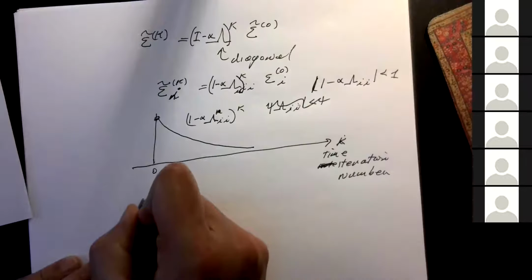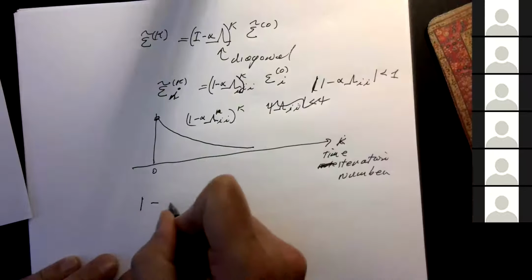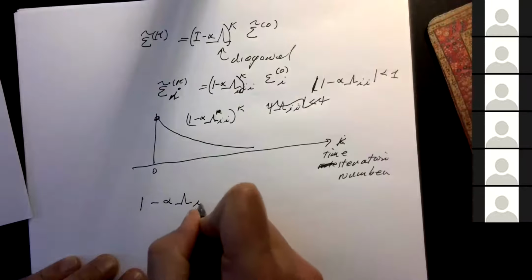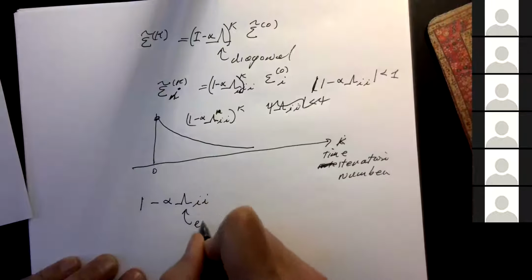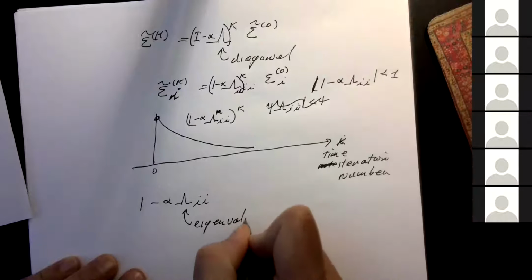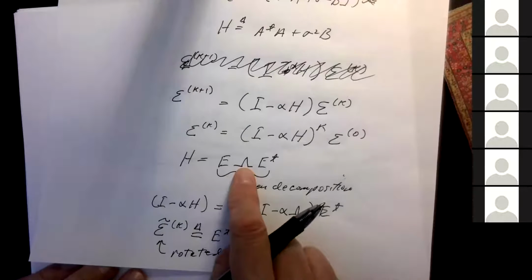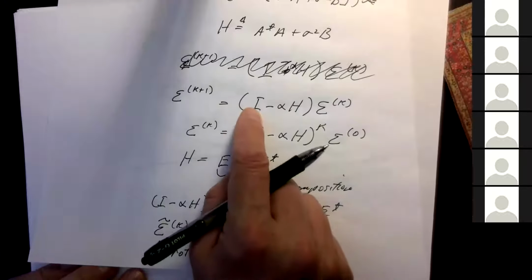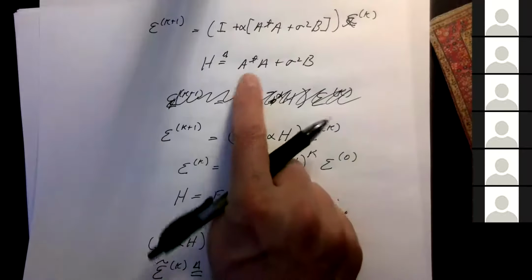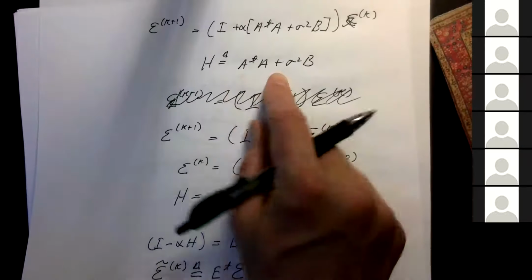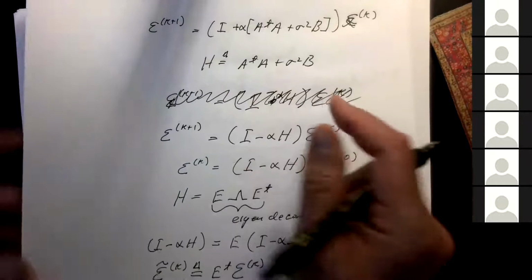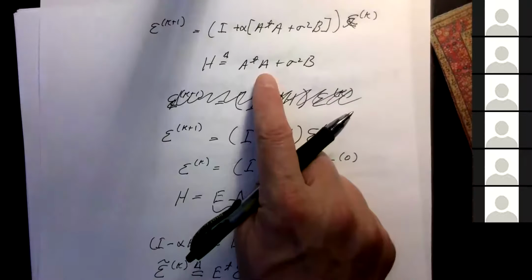What is this? This is 1 minus alpha lambda i, where lambda i is an eigenvalue of H. Remember, H was defined here: H is A transpose A plus sigma squared B. So the convergence of gradient descent depends upon the eigenvalues of this matrix.